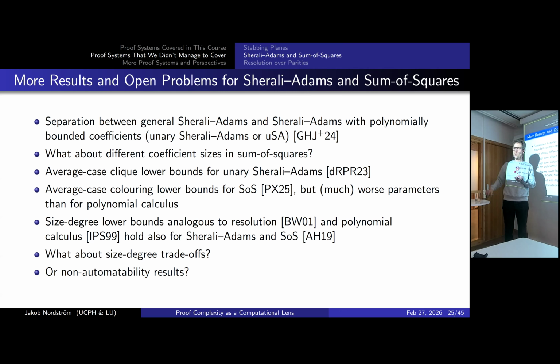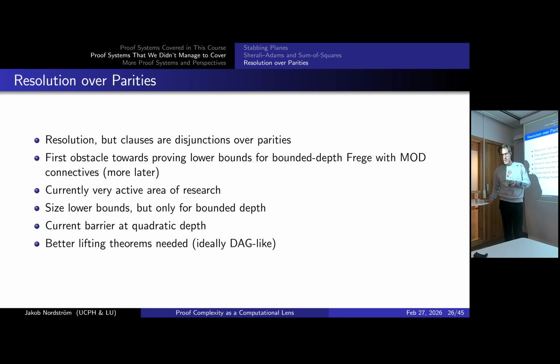And we don't know that this has to be so for Sherali-Adams or sum of squares. We also do not have non-automatability results for Sherali-Adams and sum of squares. I think by now it's clear that it would be very surprising if they were automatable, but these are excellent questions, excellent problems, but maybe hard.